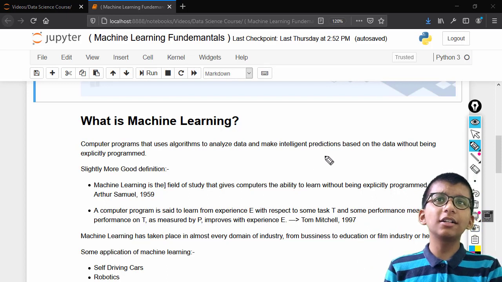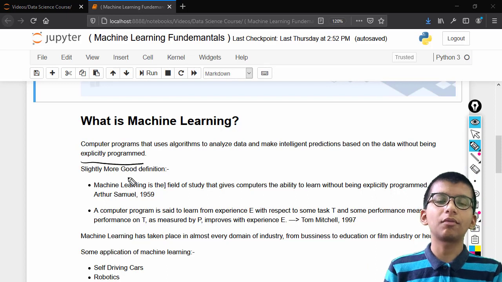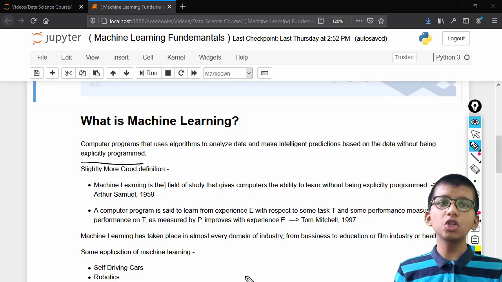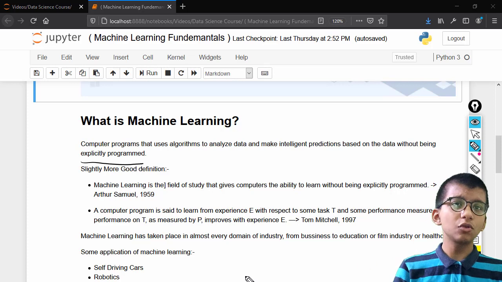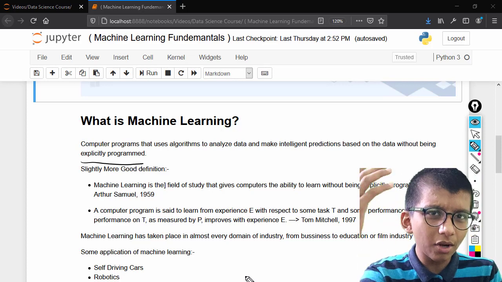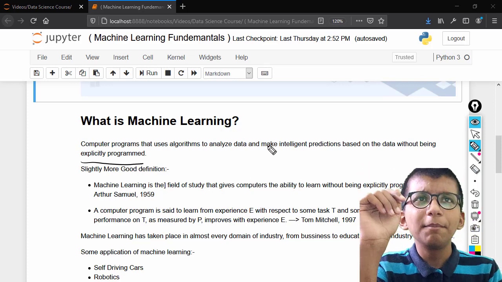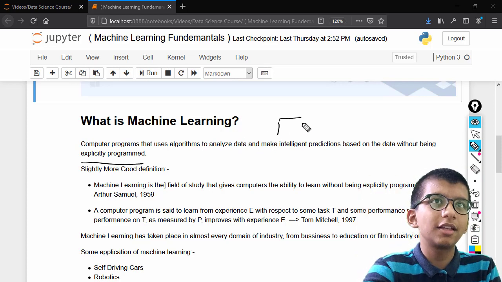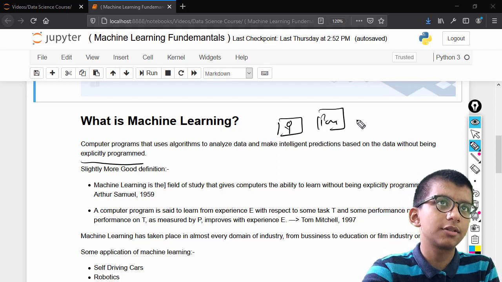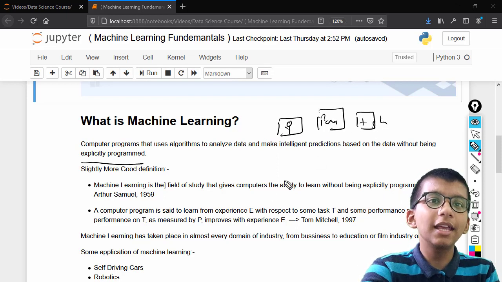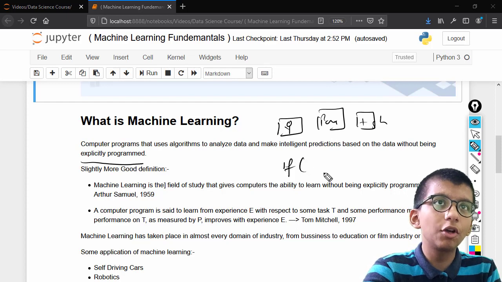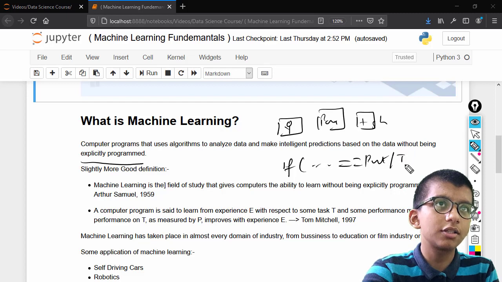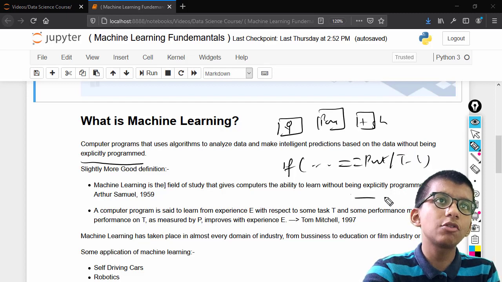Let's talk about this term, explicitly programmed. What do you mean by this? Just search the internet about it. Okay, I think you have searched. So let's say there is a pant and a t-shirt, and if we get an image, we can say this is a pant or a t-shirt.